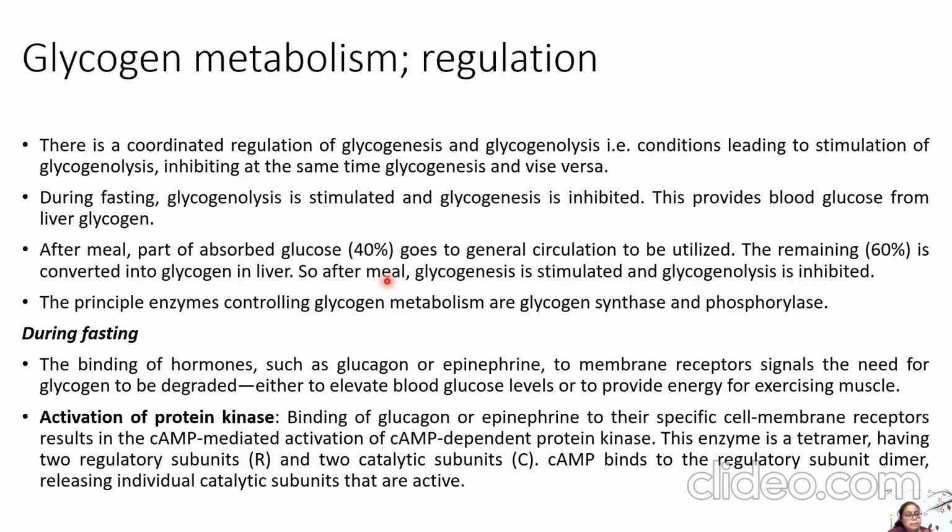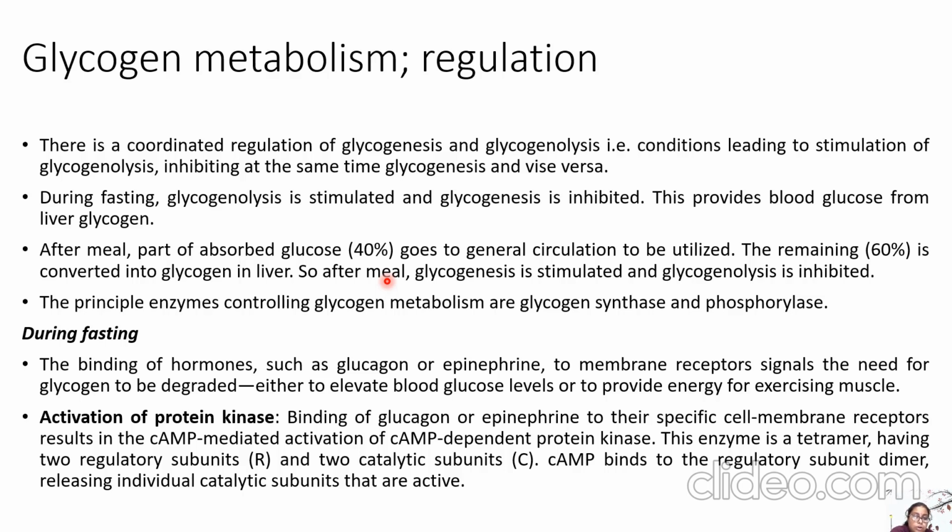The principal enzymes controlling glycogen metabolism are glycogen synthase and phosphorylase. Now what happens during fasting? During fasting, the binding of hormones such as glucagon or epinephrine to membrane receptors signals the need for glycogen to be degraded, either to elevate blood glucose levels or to provide energy for exercising muscle. This leads to activation of the protein kinase.